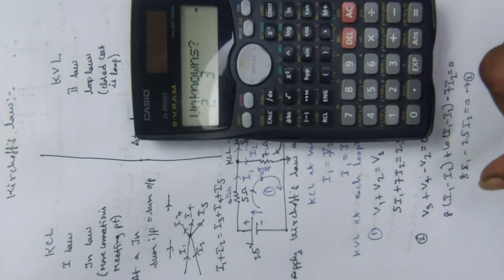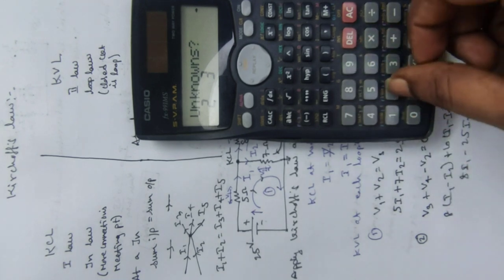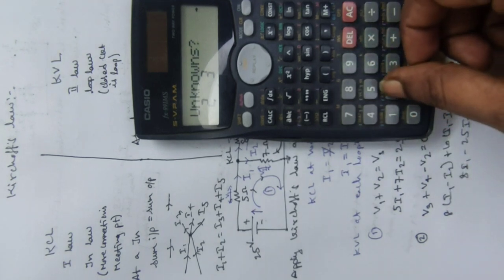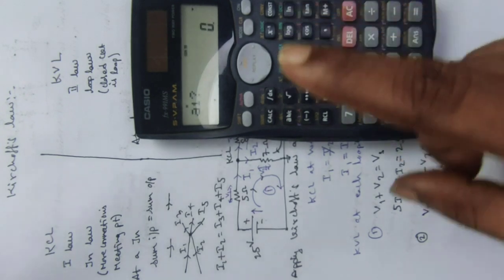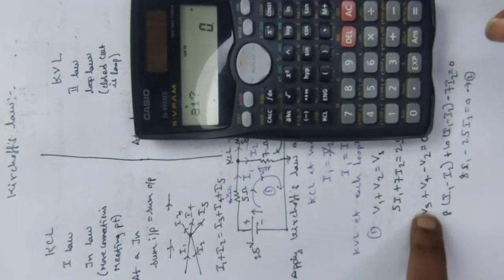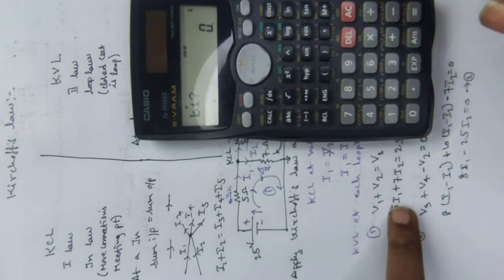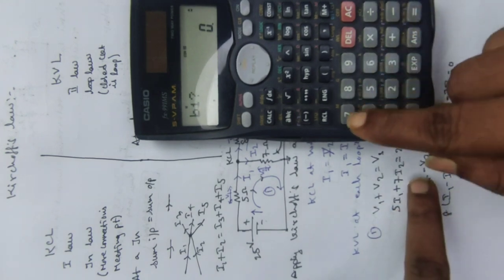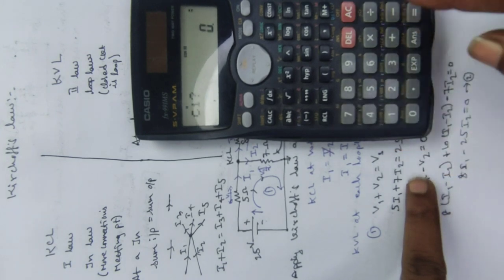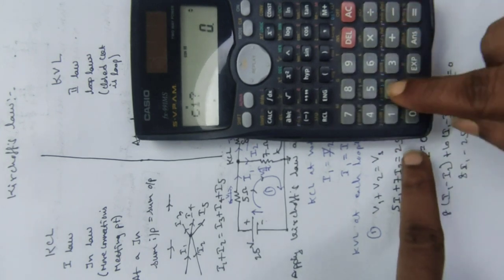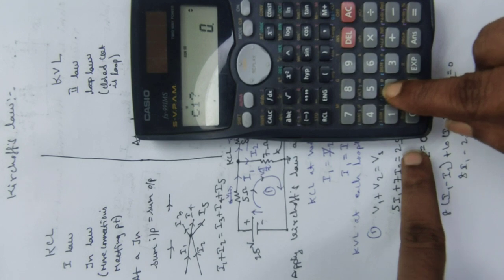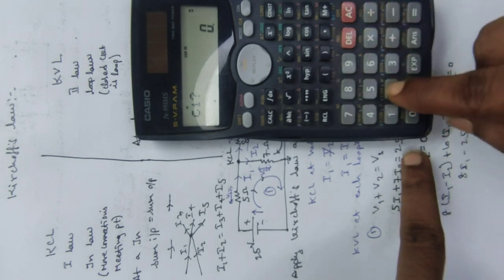In the given problem, I have two unknowns. To get into the two-unknown equations, I need to press 2, where a1 is the coefficient of the I1 value, so 5, and b1 is the I2 coefficient, 7, and c is the constant. That constant is always the value outside of the equation.